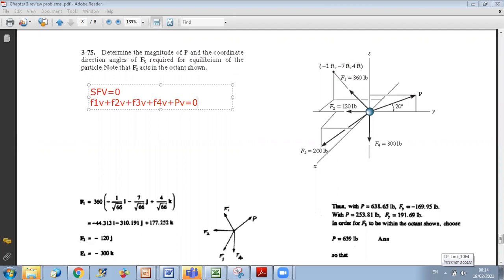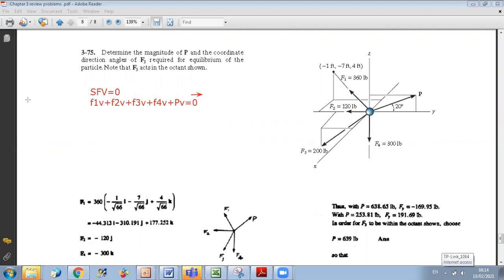All I have to do now is to decompose it into three components: X, Y, and Z. Or you can even keep it in vectorial form. You do the summation, you take the I component together and say that it should be equal to 0, the J component together should be equal to 0, and the K component together should be equal to 0.